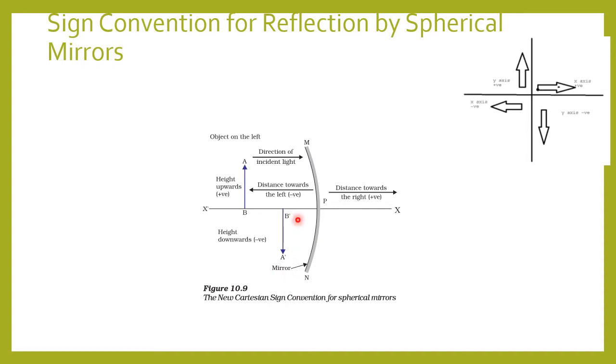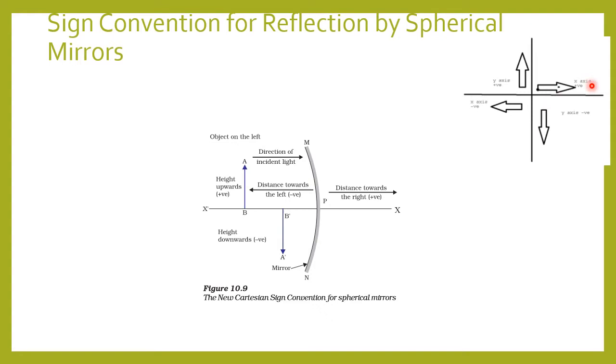Then anything which is towards the left, from P, say P is your 0, 0. You remember very well the Cartesian coordinates. Last year you have studied in coordinate geometry. In that, the x-axis, say your principal axis, acts like an x-axis, and the mirror will act like the y-axis.